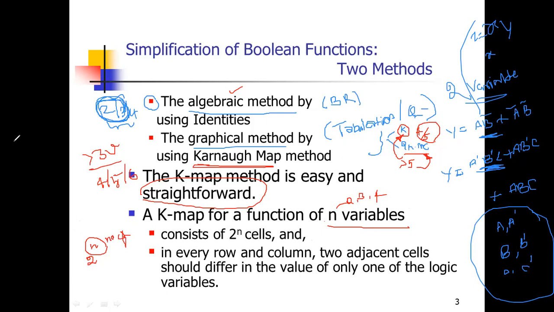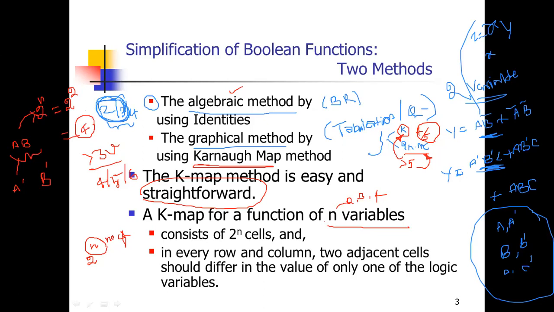So suppose I am using two variables, A and B, with their combinations also, A and A bar, similarly B as well as B bar. Since it is a two-variable equation, 2 power n, where n is equal to 2, so 2 power 2 is equal to 4, totally 4 cells needed.